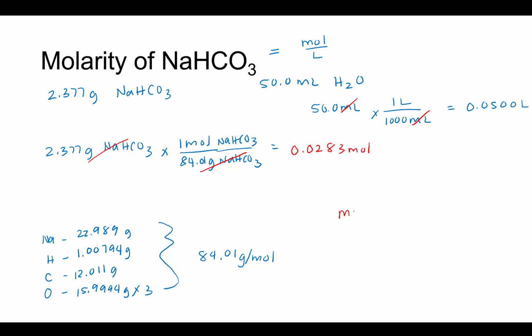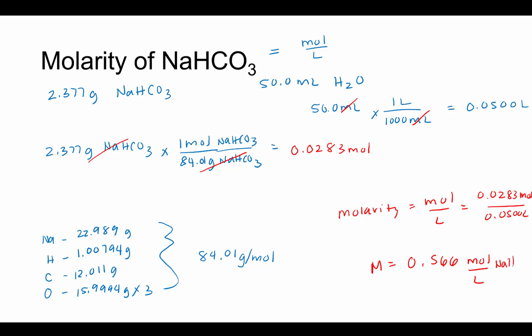And then to get my molarity, it's moles over liters. So it's 0.566 moles per liter of NaHCO3. And your molarity might be a little bit different, but the process of calculating it is the same.